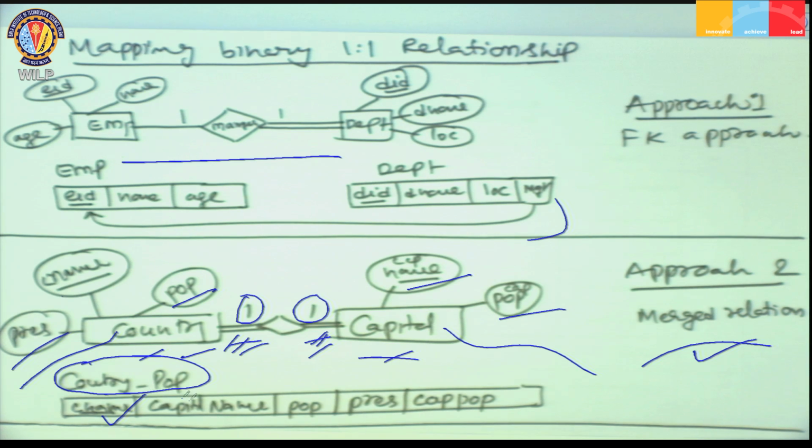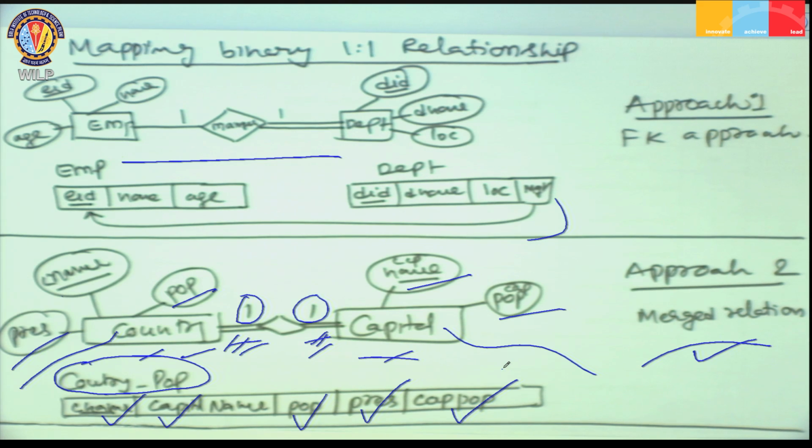Here we have the country name, the capital city name, the population of the country, the president of the country, and the population of the capital. Since the one-to-one correspondence is there between the entities in these two types, I am able to merge both of them, and it is also known that the participation of both the entity types in this relationship is going to be complete or total.